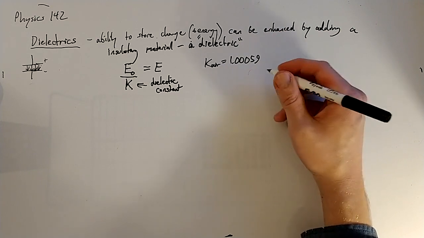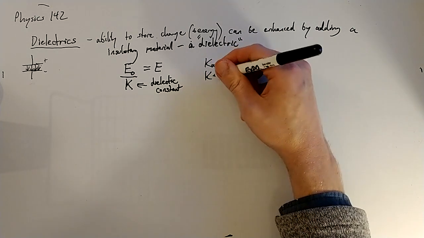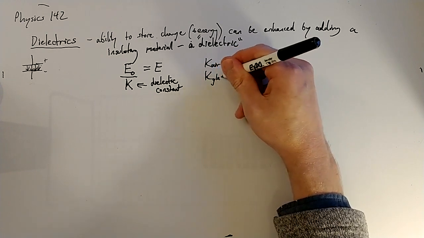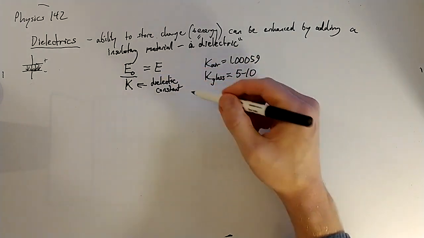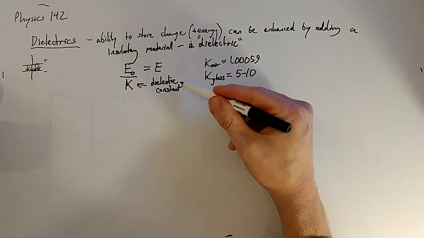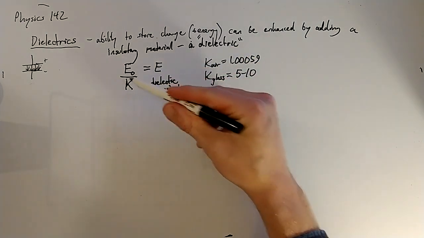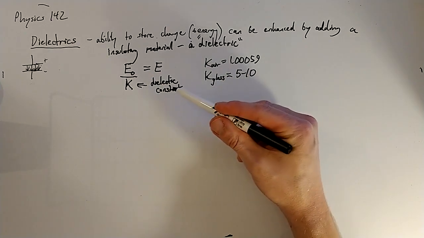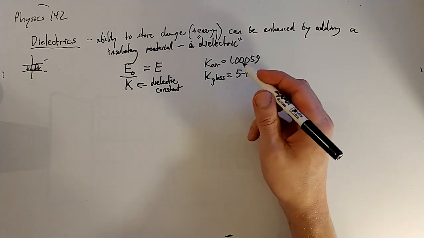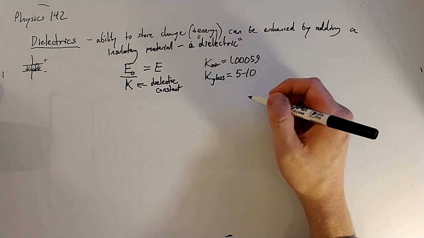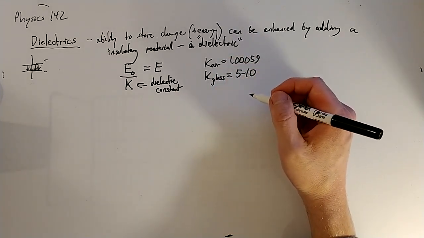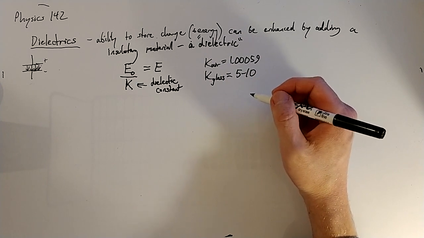Something like glass might have a higher dielectric constant, maybe in the 5 to 10 range. The dielectric constant is just a ratio value, how much the electric field gets decreased, so it's unitless. And you can look up the dielectric constants of different materials in a table.